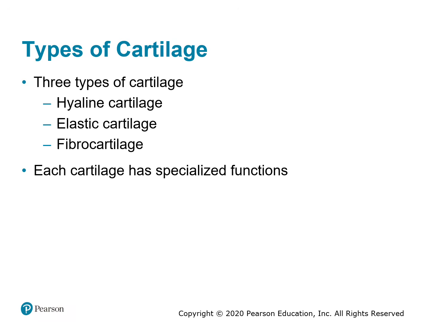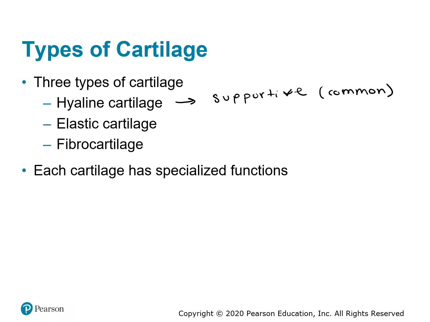There are three types of cartilage: hyaline cartilage, elastic cartilage, and fibrocartilage. Hyaline cartilage is your most supportive. They're all pretty supportive, but hyaline is going to be your most common cartilage that you see. It's going to support, it is going to reinforce, and it is going to resist some types of compressive stress.